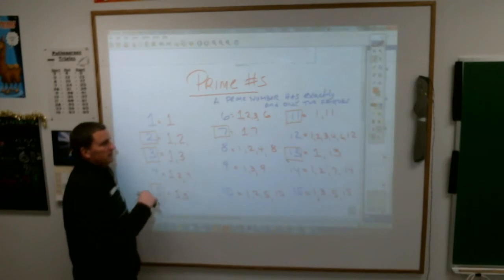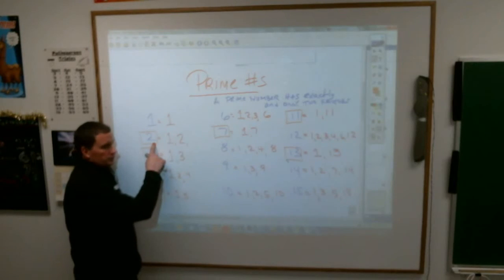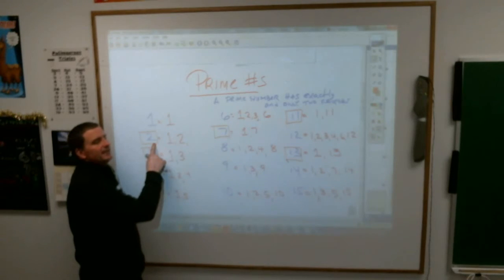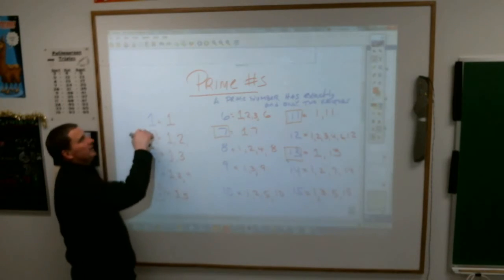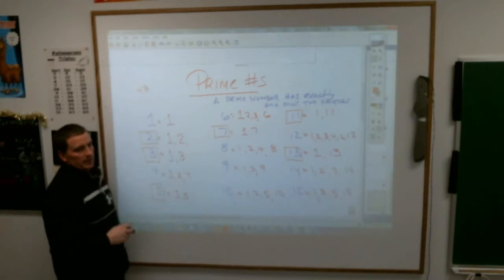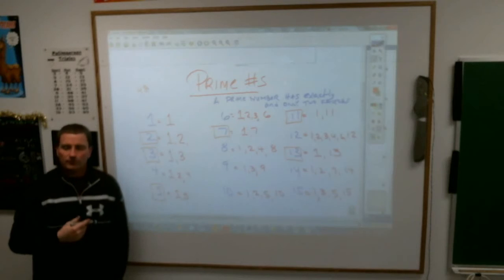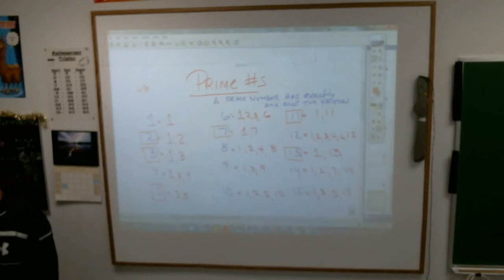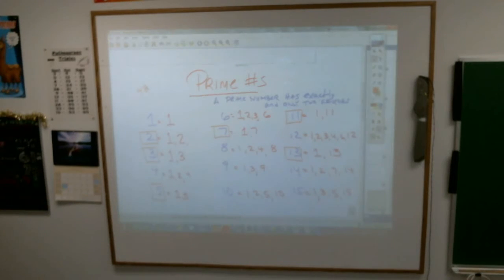The number 2, children, is the one and only even prime number. Why would that be true? How do I know right off the bat that the number 48 can't be prime?